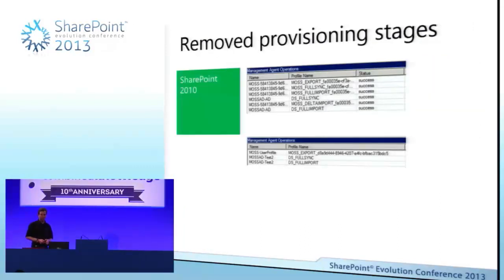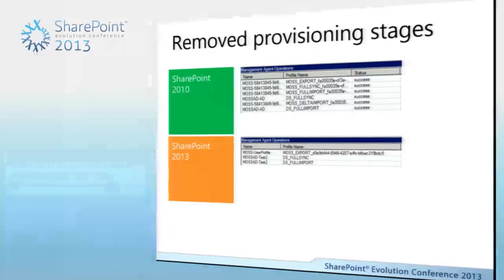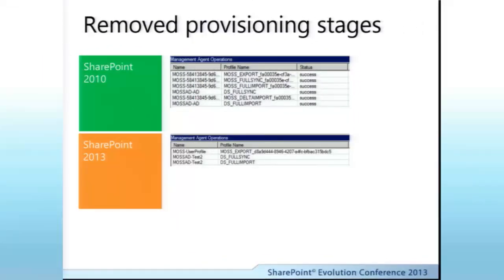Here's an example of the provisioning stages. At the top there is the SharePoint 2010 experience, where we have these 6 stages, and we've effectively halved that in SharePoint 2013. And unfortunately, we have retained the rather unfortunate naming convention there of MOS-AD.